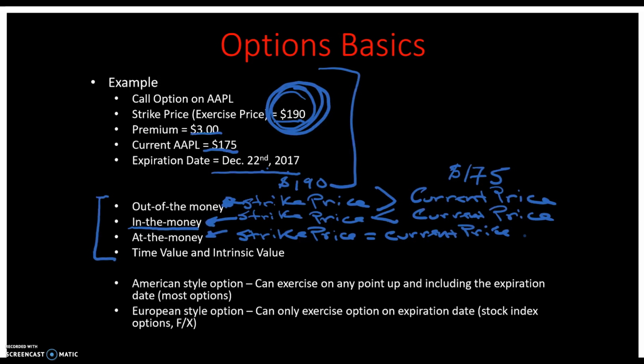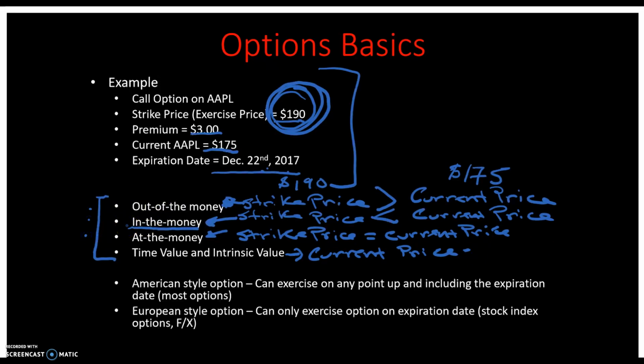What is intrinsic value? Well, simply, time value is going to refer to anything the asset is trading for, the premium minus the intrinsic value. So we have to look at the intrinsic value first here. So here, the intrinsic value is going to equal the current price of the asset. This is for a call option, and I should refer to, these are all referencing call options.